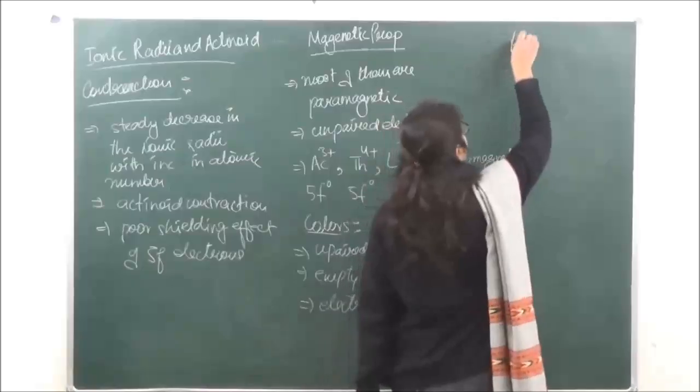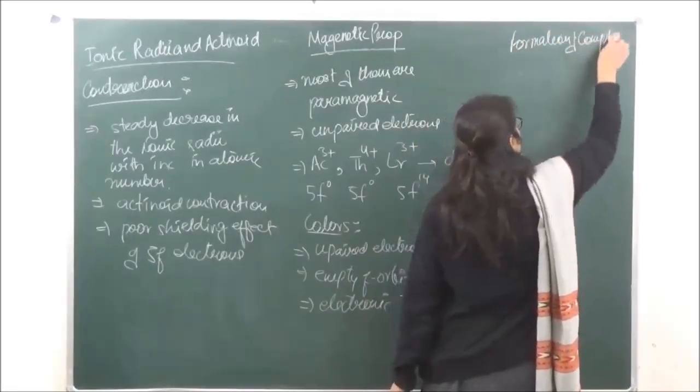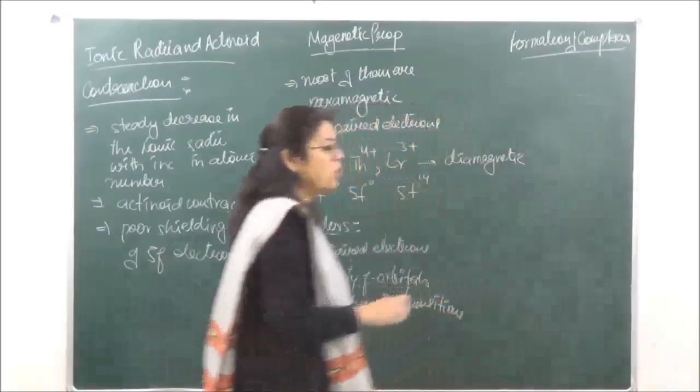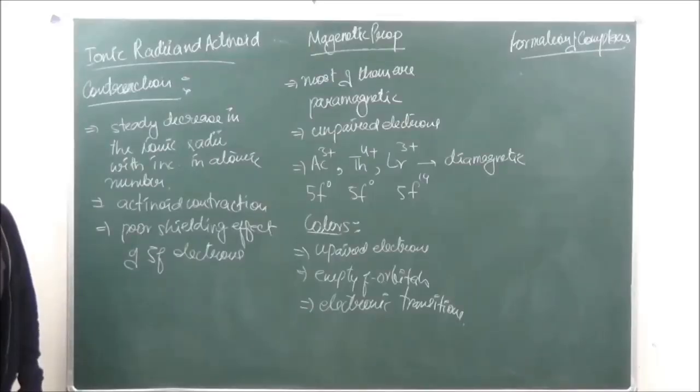Formation of complexes. The next property is formation of complexes. Now when we are doing the complexes over here, actinoids have a greater tendency to form complexes in comparison to lanthanoids. Okay?